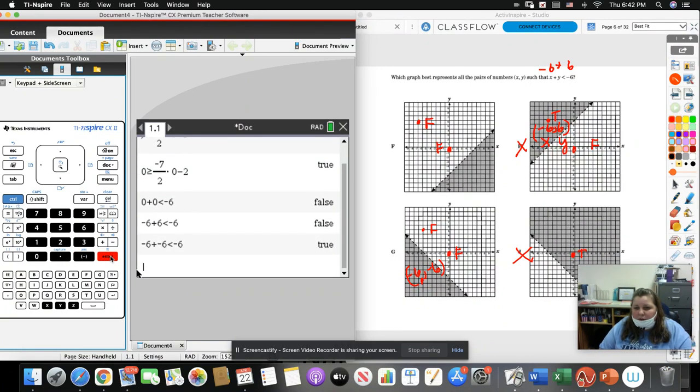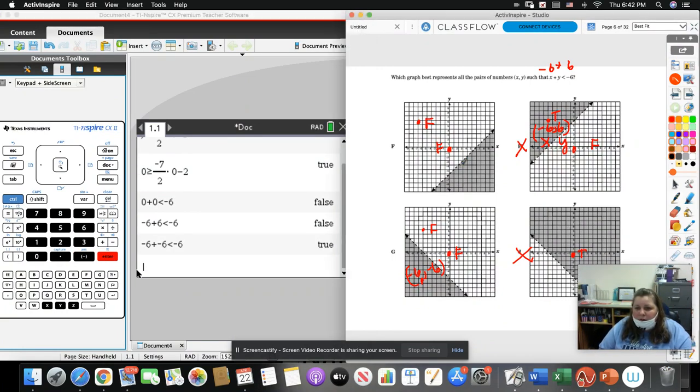And that point is true. So -6 and 6 on this one would be false, and on this one should be true. My answer was true, therefore this is my solution. Okay, so again, you have to find where it's true and false, and then eliminate the other answer choices.